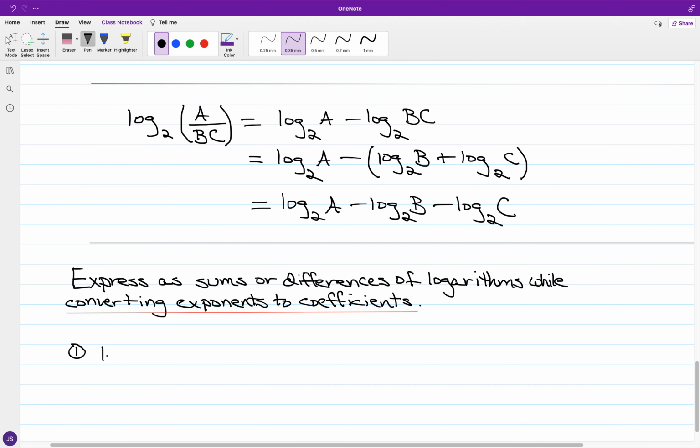Let's say we have the base 2 logarithm of b to the third, c to the second, and d to the fourth.